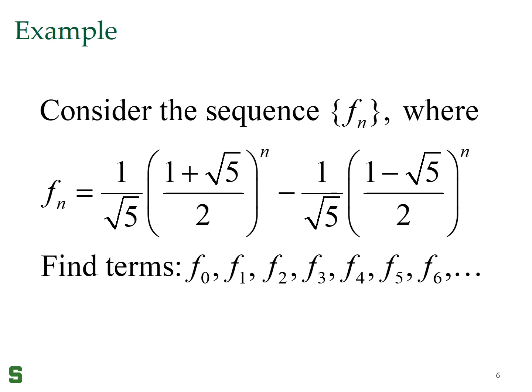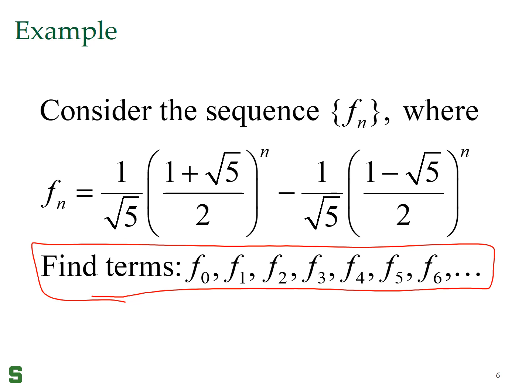Here is another sequence. It has some weird formula, but what I'm going to ask you to do is find a few of these terms by putting n equal to 0, 1, 2, 3, 4, 5, 6. Find a few of the terms and identify what this sequence is.